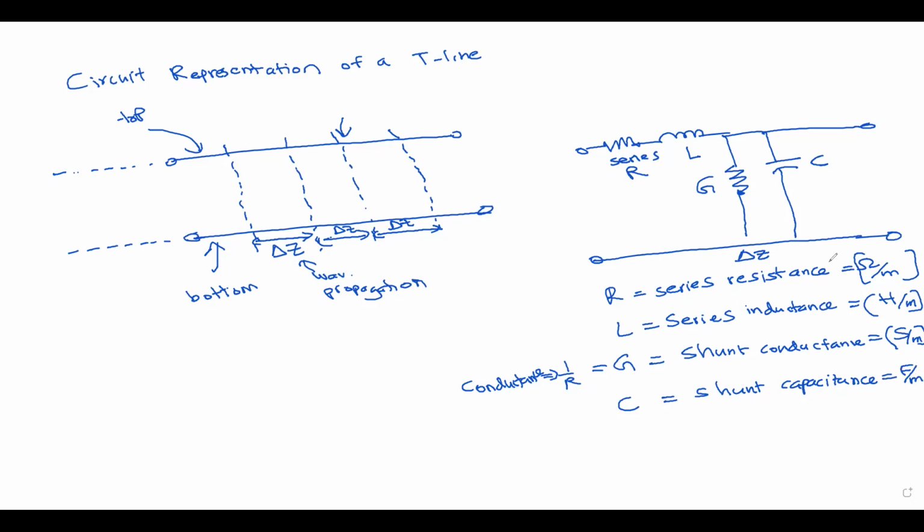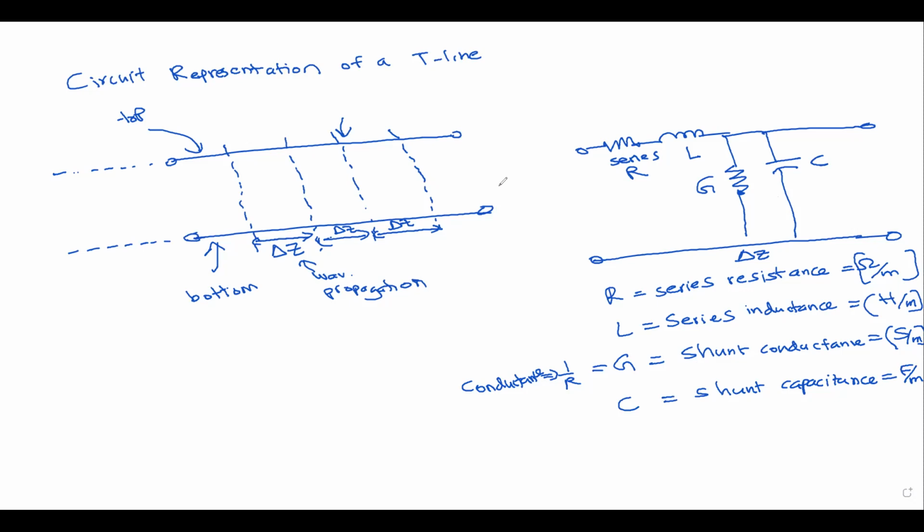Okay, so now the question is, why do we use these components to denote a transmission line? The reason is to denote the real behavior of transmission lines and the loss of current and loss of voltage along the transmission line.